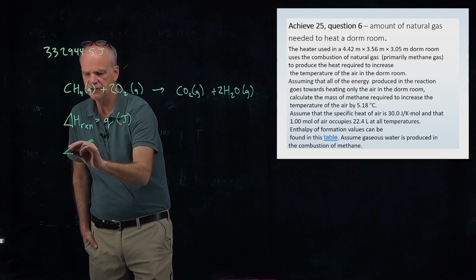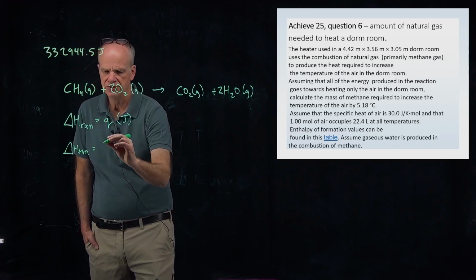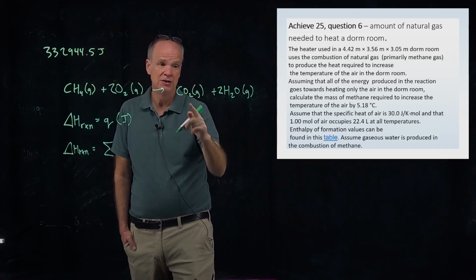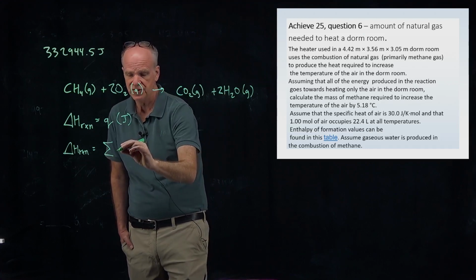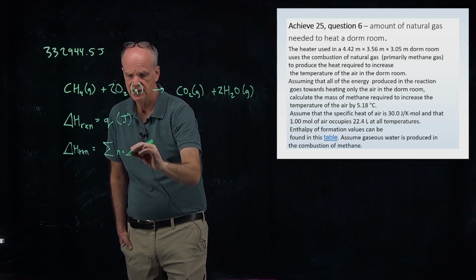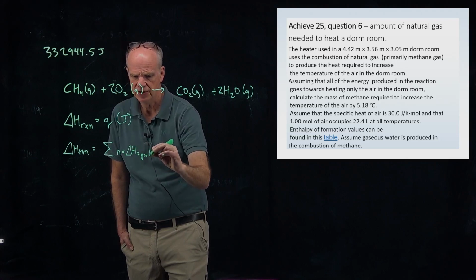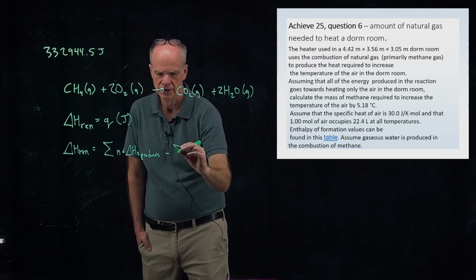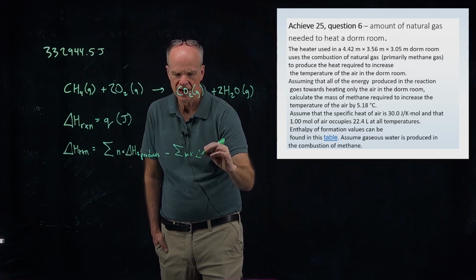So one way you can find the enthalpy change of the reaction is to get the sum of the heats of formation of the products. So I'm going to write here n times delta H f of products minus the sum of the heats of formation of the reactants.